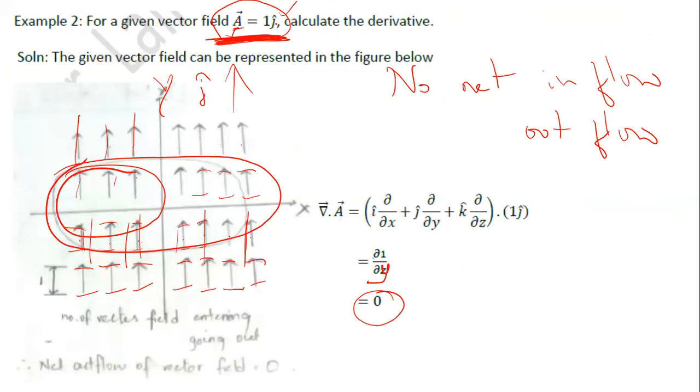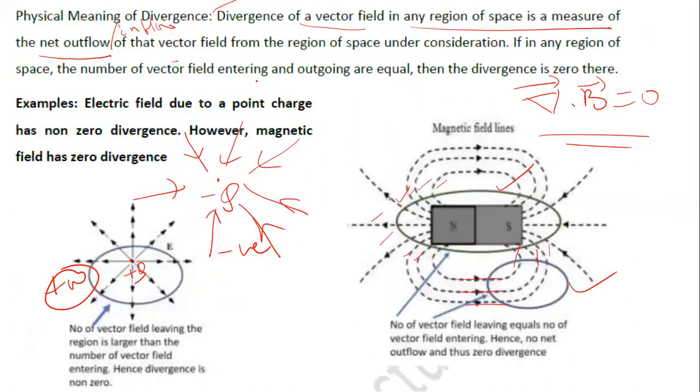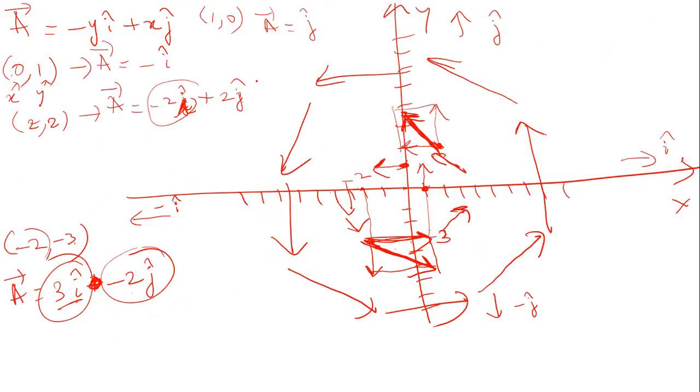All the vector fields represented by this vector are pointing towards the positive y-axis. There is no rotation of this vector. They are just pointing along the same direction. So if they are traveling along the same direction without any rotation, let's see what we get if we take a curl of that.